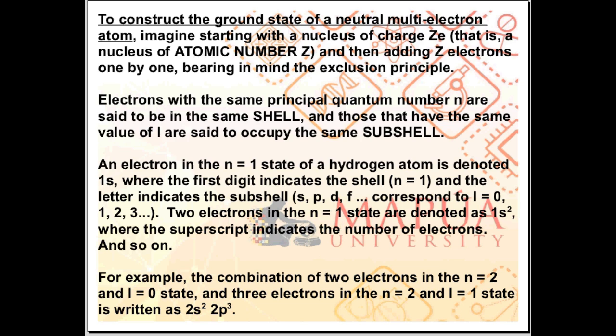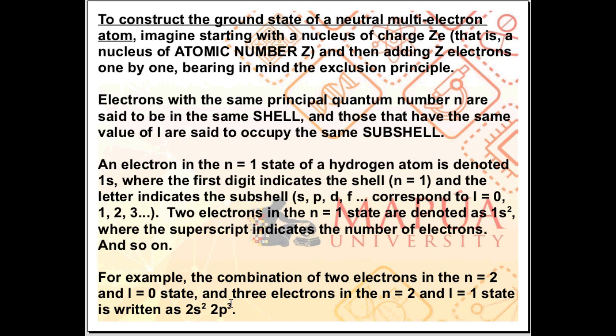For example, 2 electrons in the n equal to 2, L equal to 0 state, and 3 electrons in the n equal to 2, L equal to 1 state, are written as 2s2, 2p3.